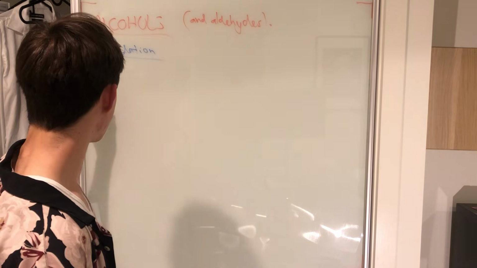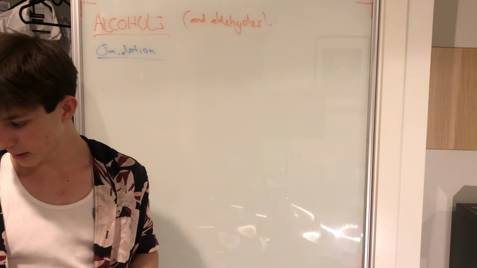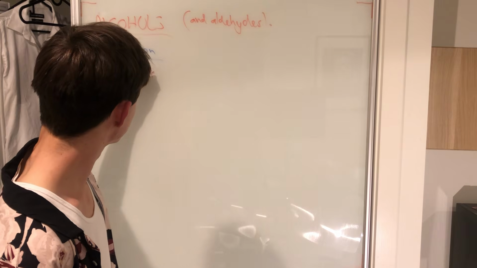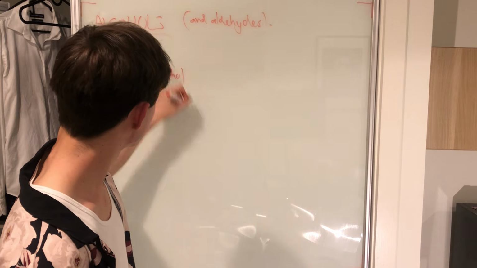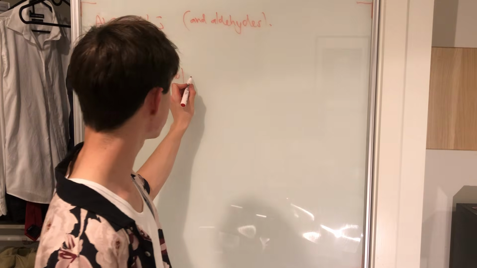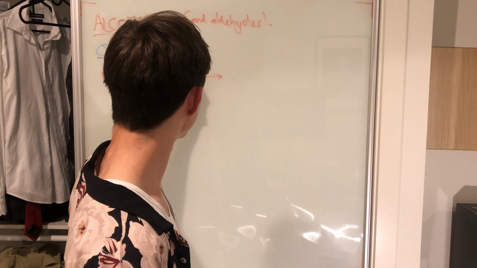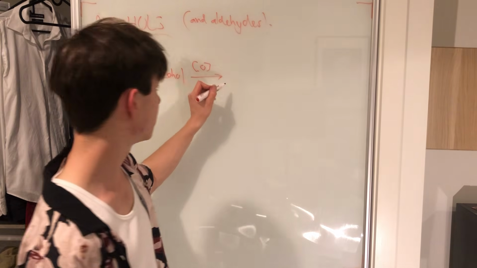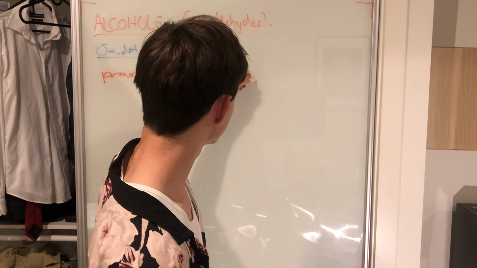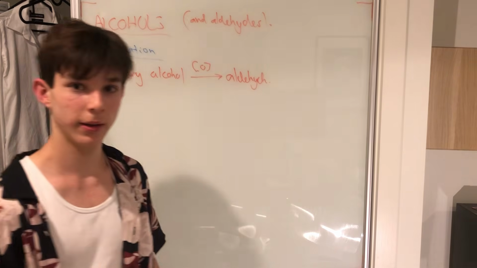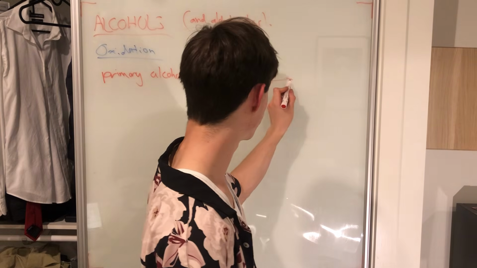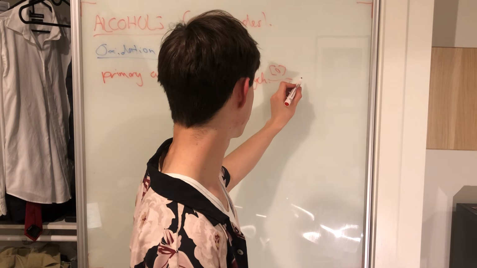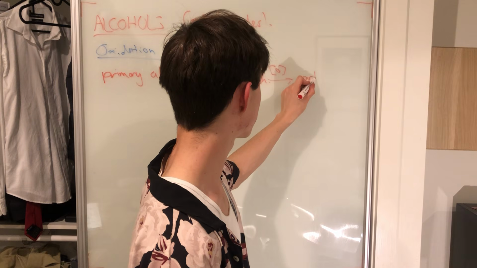If we oxidize a primary alcohol, we're going to end up with an aldehyde. If we oxidize the aldehyde, we're going to end up with a carboxylic acid.